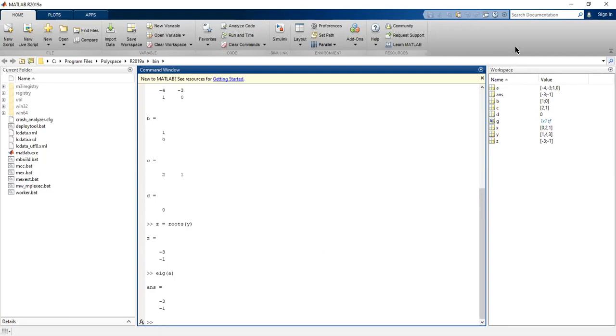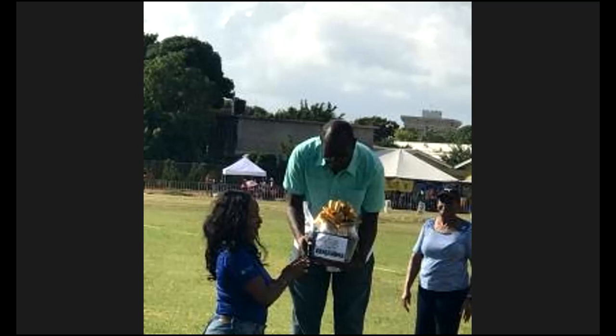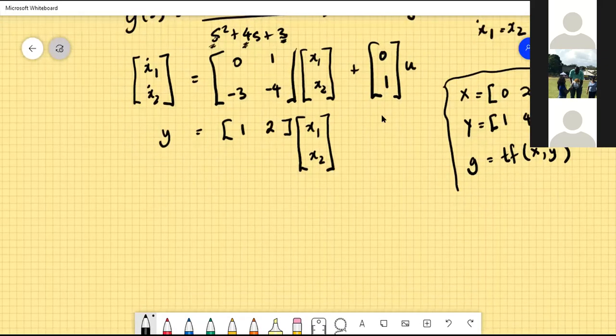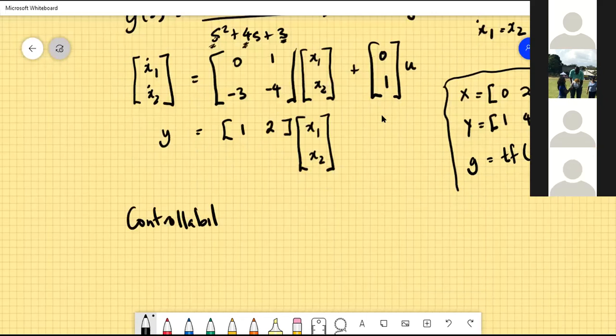We need to talk about two other concepts before we go back. All right, so we need to talk about controllability and observability.